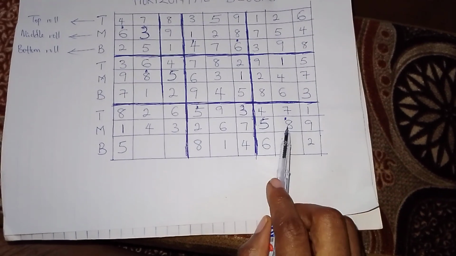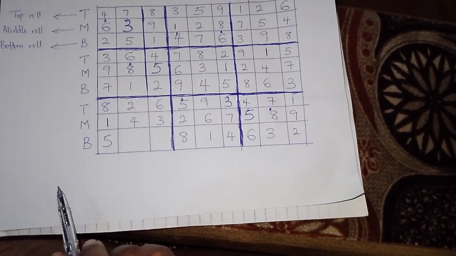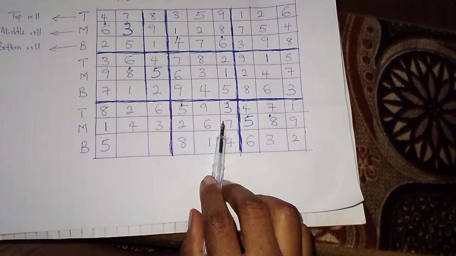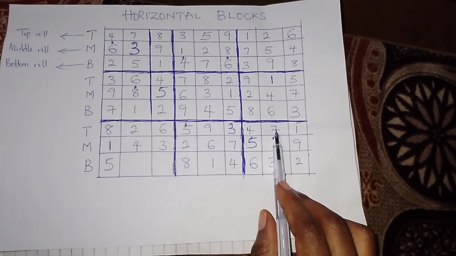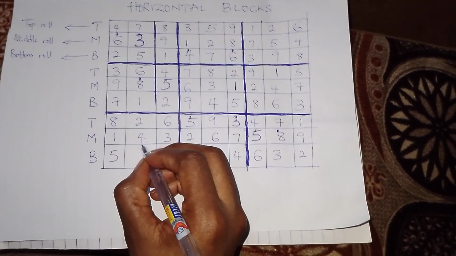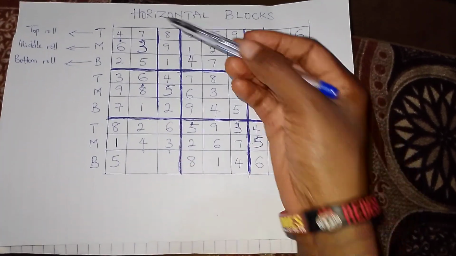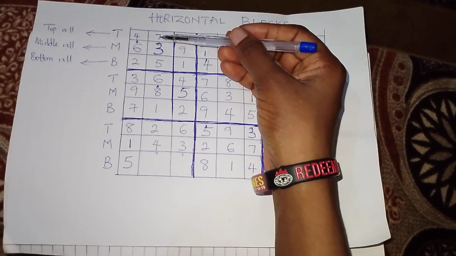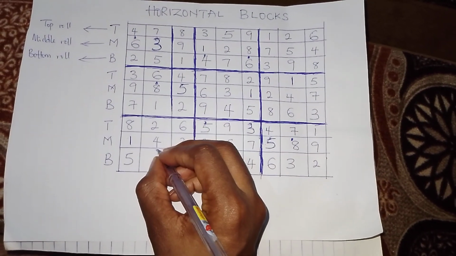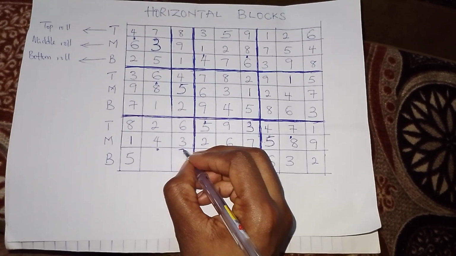We stopped at 6. Let's move to 7. We have a 7 at the middle of the second block. We have a 7 at the top of the third block. So we're looking for 7 at the bottom. 7 has to be here or here. So let's check the horizontal. We have a 7 on the top already of this column. That means 7 cannot stay here. 7 has to be here.